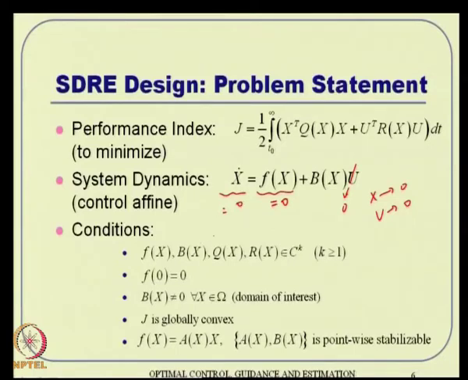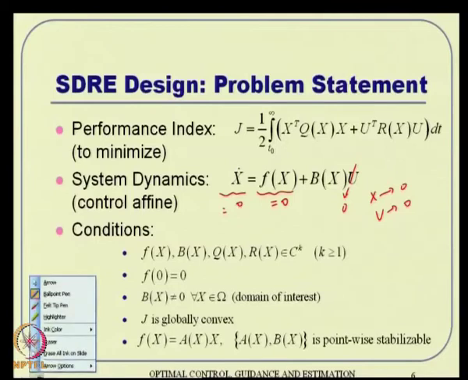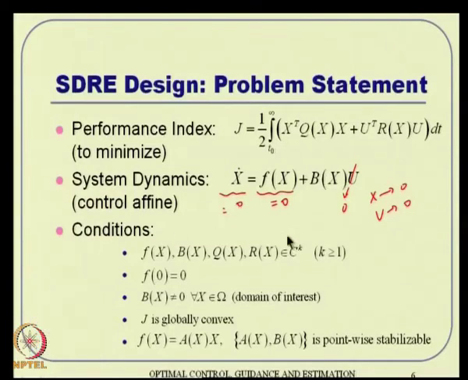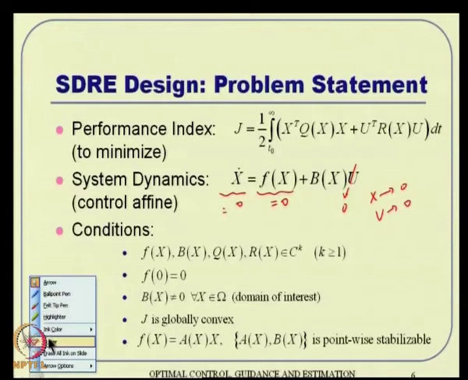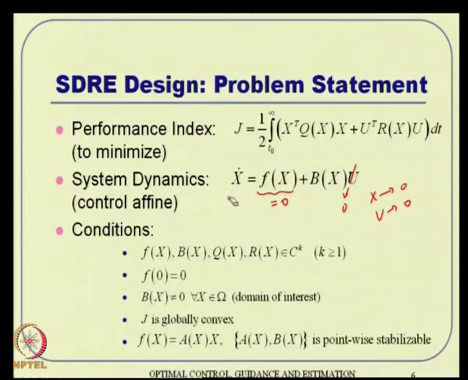That means compatibility is maintained. So, why do you want that? Because once you go to the steady state, you do not want to deviate from the steady state. That is the whole reason why under steady state control should go to 0, and once control goes to 0, then the state derivative should also remain at 0. So, that is the reason why we want that.